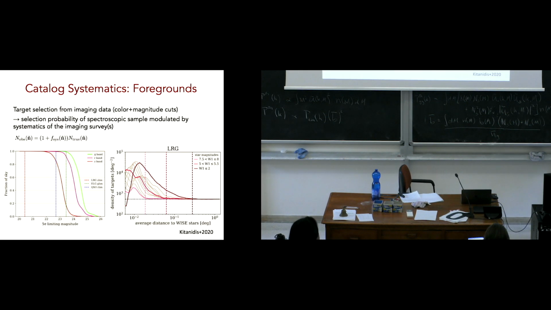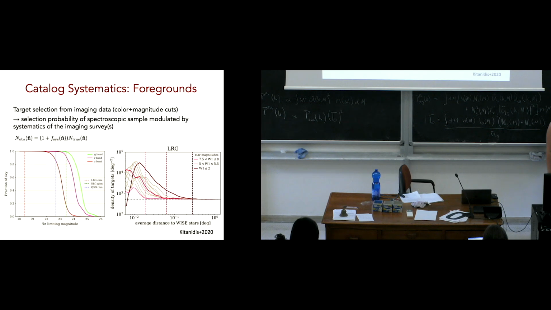This is not directly an issue of the limiting magnitude of a survey. What you're seeing here is the limiting magnitude of the targeting data for DESI, and which fraction of sky exceeds that limiting magnitude. And then the vertical lines are the magnitude limits for the LRG, ELG, and quasar selection.